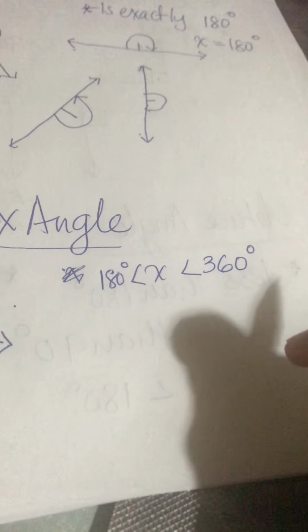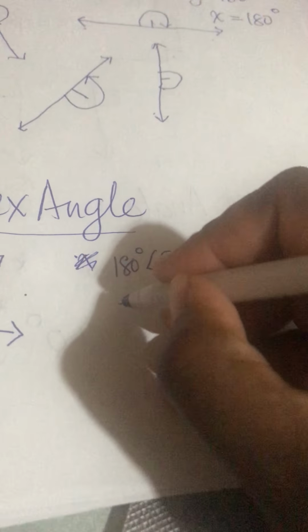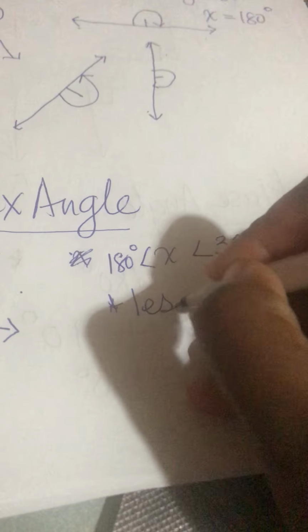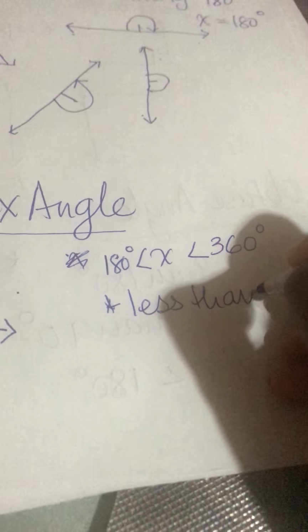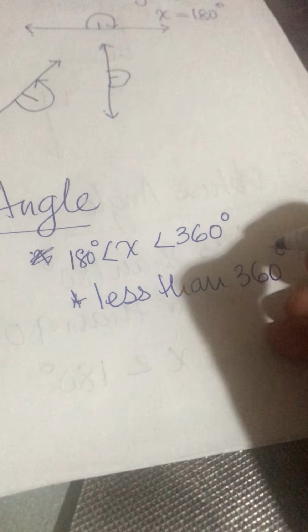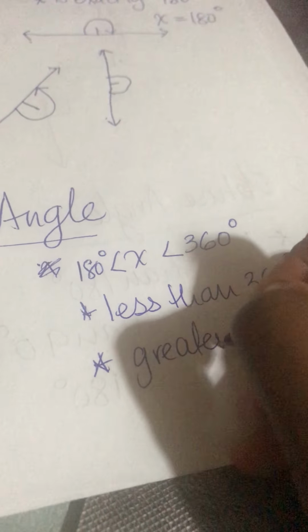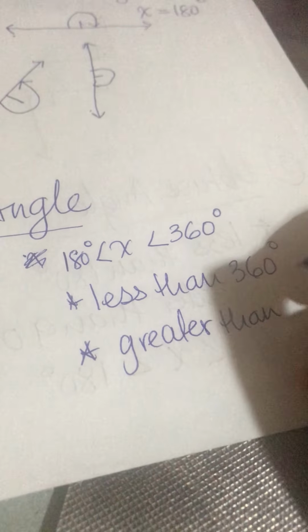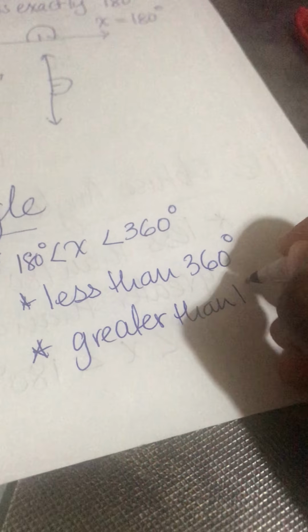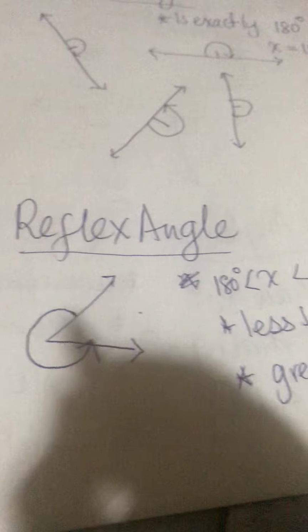Okay, so we write it in words: less than 360 degrees, greater than 180 degrees.